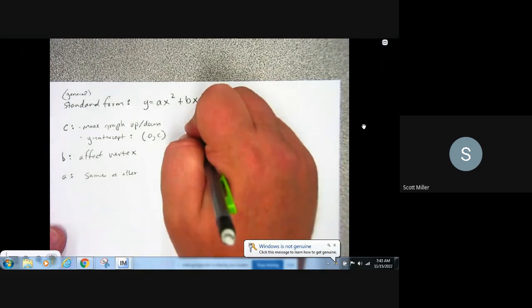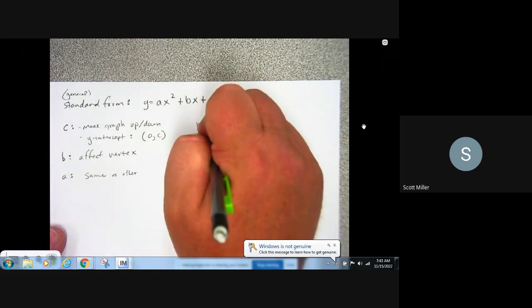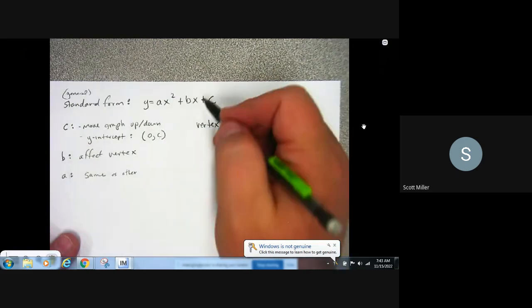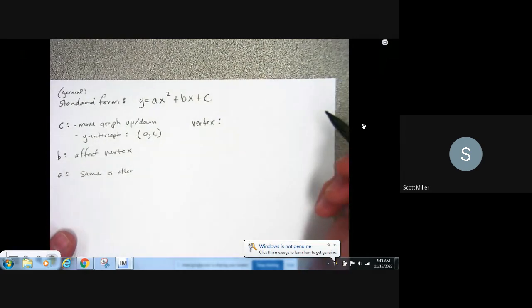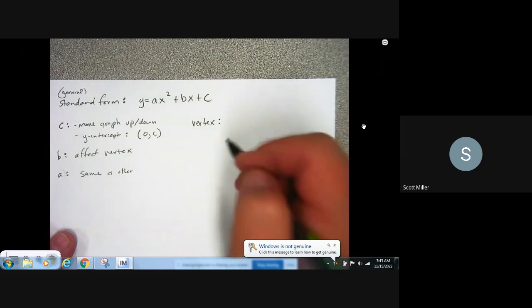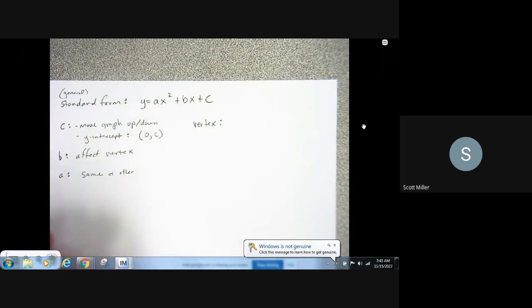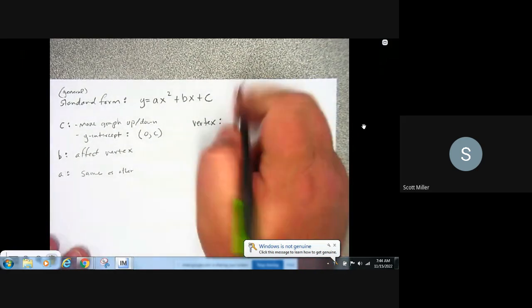Here's the one that's more challenging, the vertex. The vertex is the most important point in a parabola or quadratic equation. We have to be able to find the vertex. So for this one, remember I told you that the A affects it a little bit and the B affects it a lot. So here is how you can find the vertex. Okay?